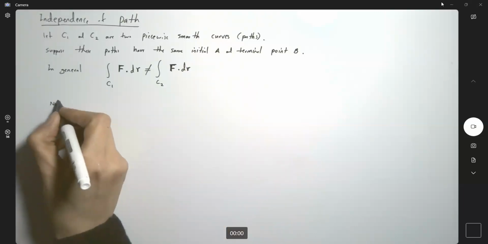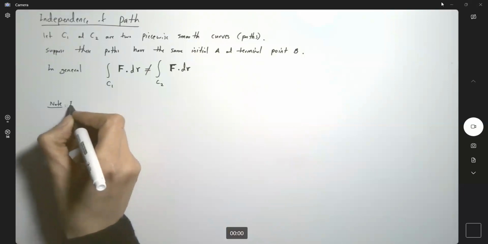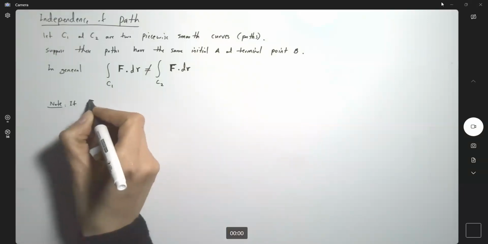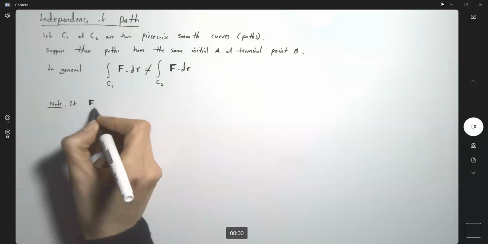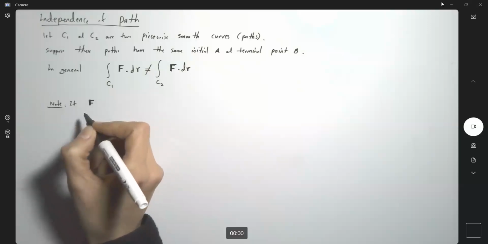So note that if f is continuous, it means that all of the components are continuous.